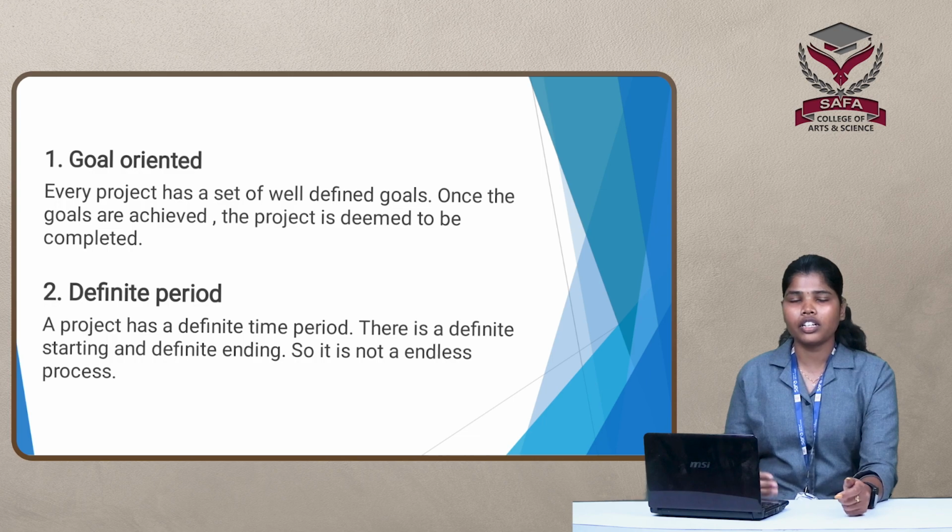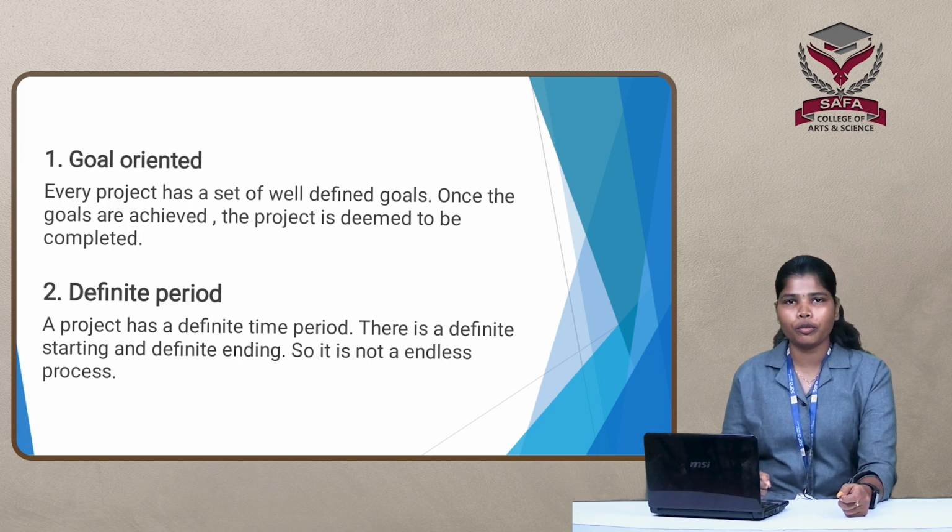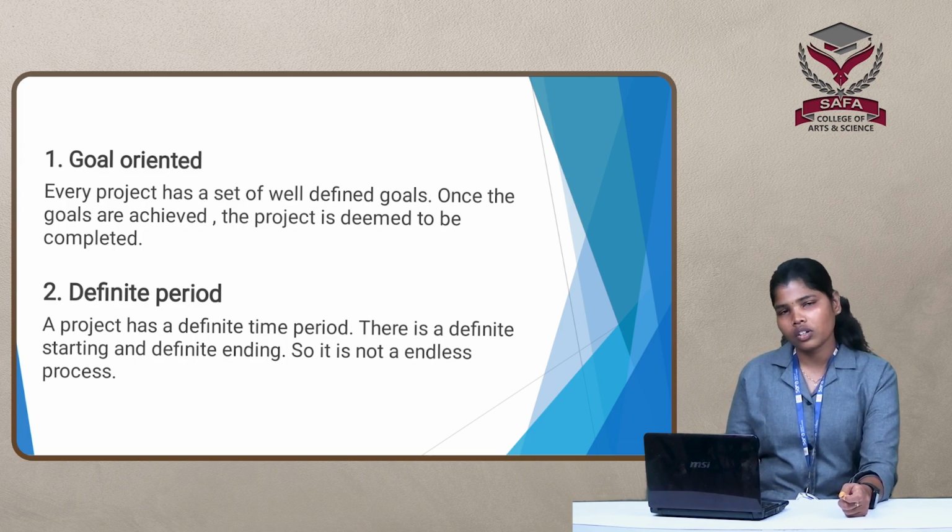The objectives or the goal may be profit maximization or wealth maximization or providing any service to the society, etc. For example, if a project is started to construct a bridge, once the bridge is constructed, the project is automatically deemed to be completed. So every project has a definite set of objectives or goals.